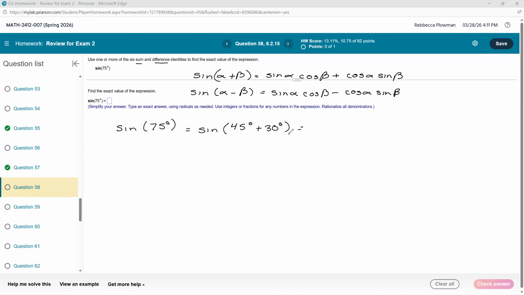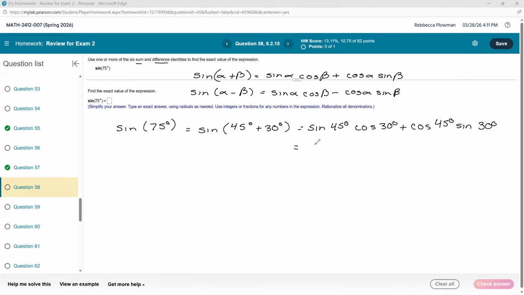So we have a sum here. So this is going to break up into sine of 45 degrees, cosine of 30 degrees, plus cosine of 45 degrees, sine 30 degrees.